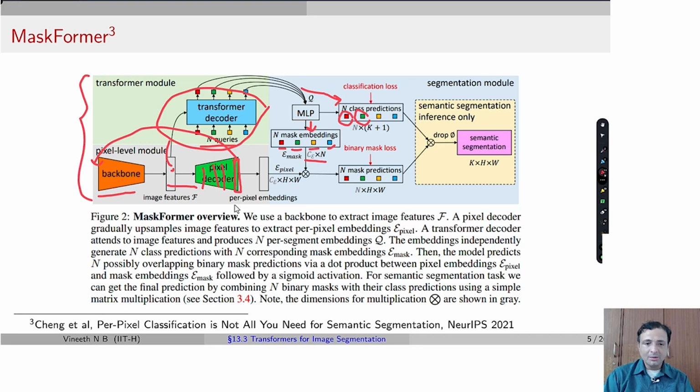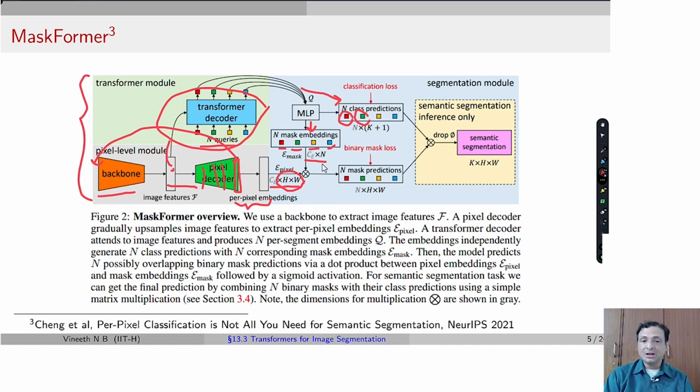Now you see here that the output of the pixel decoder also led to a C epsilon cross H cross W dimension. Remember, it was supposed to be the size of the original image, which is H cross W, and each of those pixel embeddings is of dimension C epsilon.